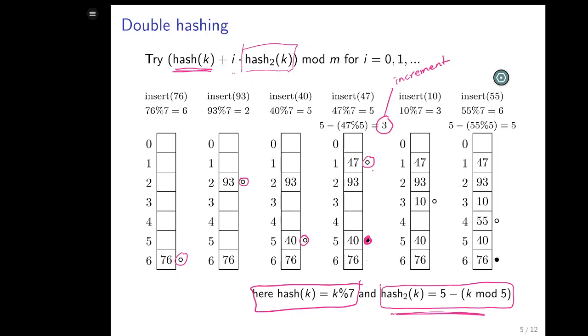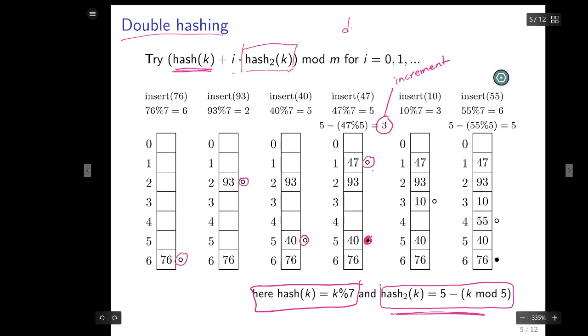They hash to the same location initially. The next place that they go to is going to be the same. The next place is going to be the same. It doesn't matter how many hops we take, it's always going to be the same. This double hashing tries to eliminate that possibility. If two keys hash according to the primary hash value to the same location, like these two, 40 and 47, there's a completely different increment for 40 as there is for 47. So if I follow those increments for 40, I won't always be in lockstep with the increments from 47.